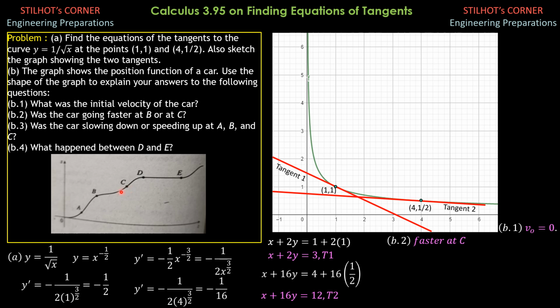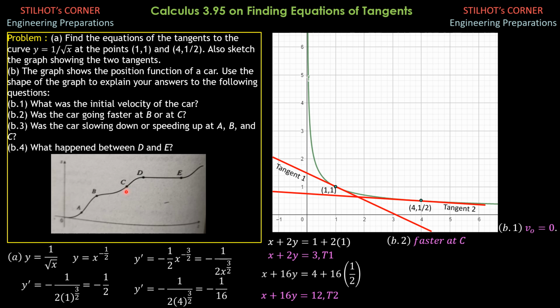Explanation: this is a concave up curve before C, and after C it is concave down. So therefore, the derivative of velocity, the second derivative, is supposedly acceleration.